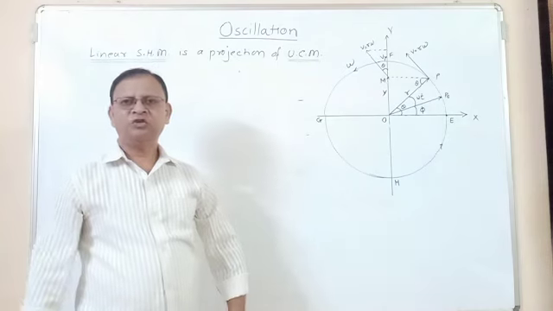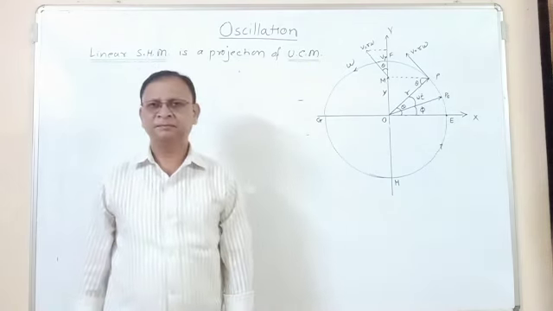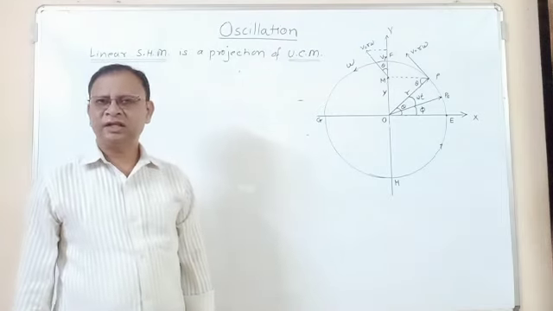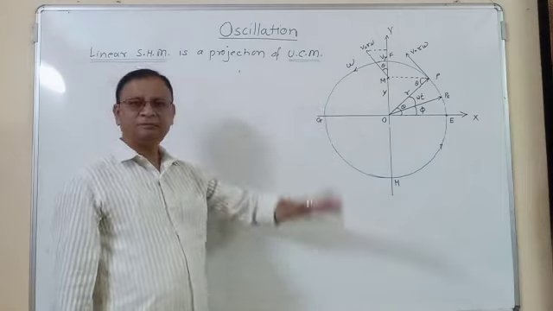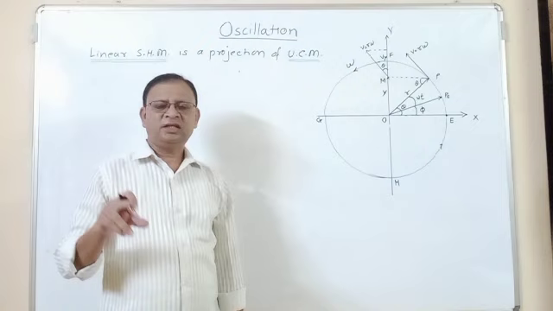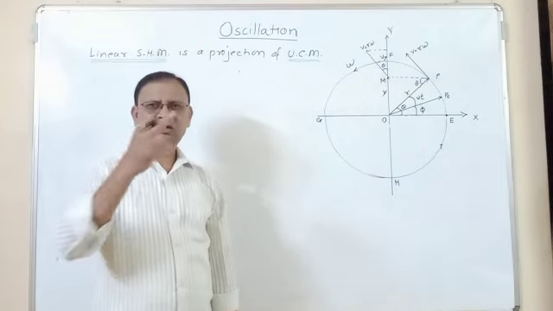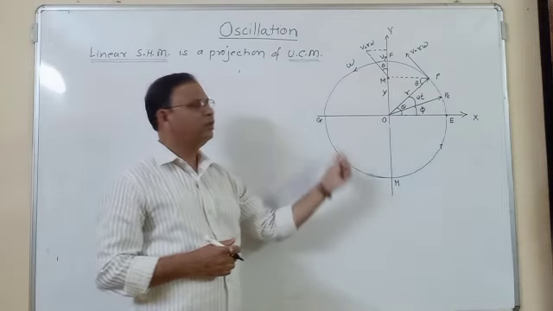That is called uniform circular motion. We can say constant angular velocity or constant linear speed in uniform circular motion. So uniform circular motion is motion of the object along the circumference of a circle with uniform angular velocity.